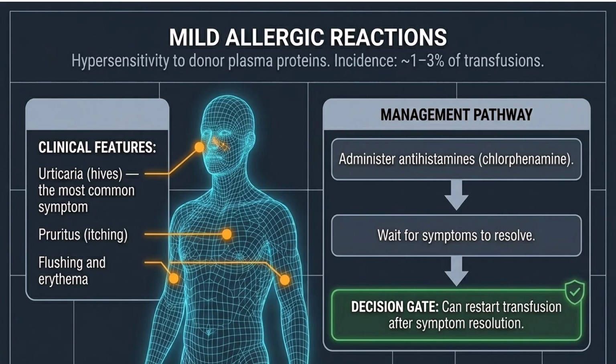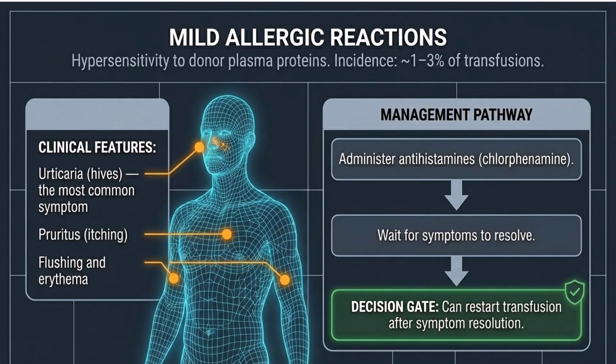Second is pruritus, intense itching, often preceding visible skin changes. The third cardinal sign is flushing and erythema, generalized redness, particularly of the face and upper chest. In the mild reaction, there is no hypotension, bronchospasm, stridor, angioedema, nausea, or vomiting. If any of these appear, you have to move into anaphylaxis territory and must escalate immediately.